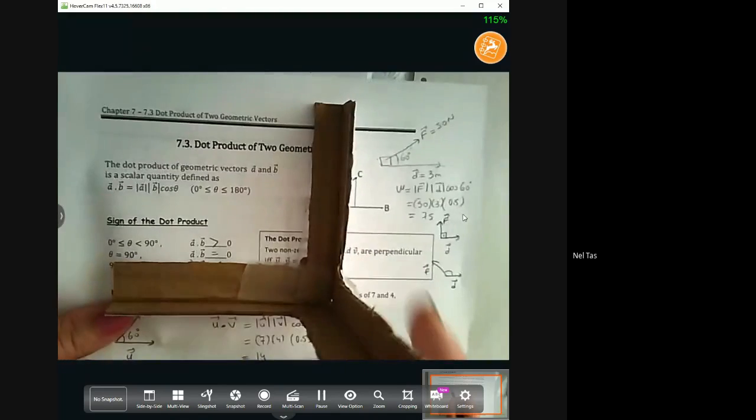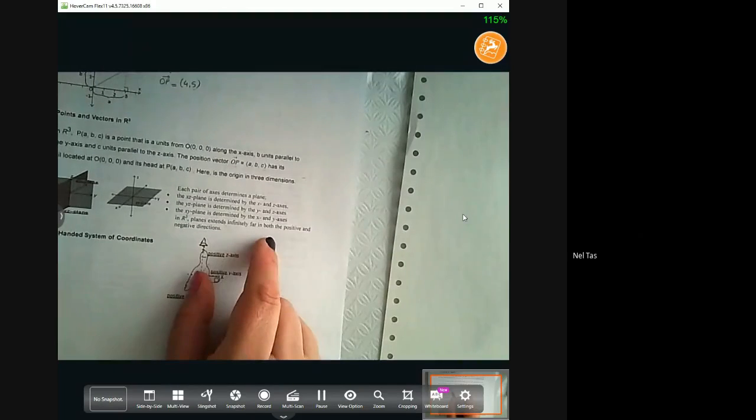So that plane is called the XY plane. Again, planes extend infinitely far in both the positive and negative directions. So now we are going to look at some examples.